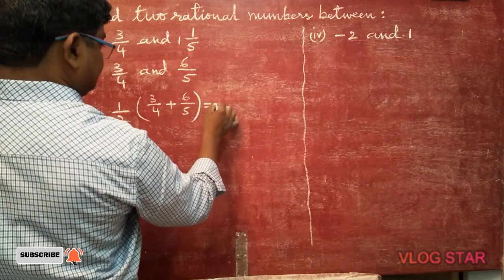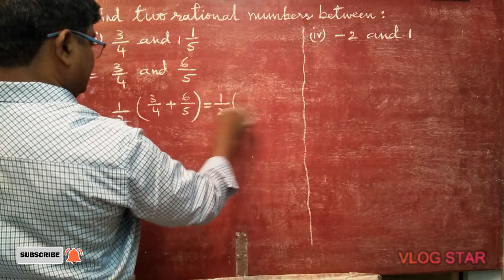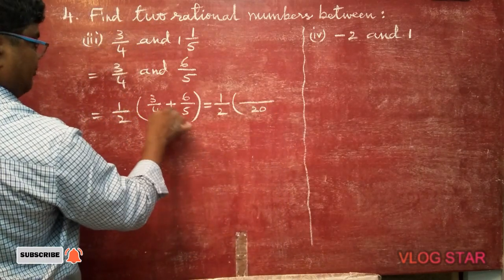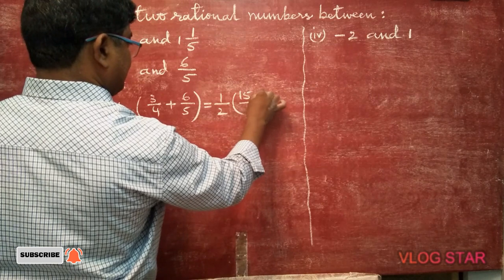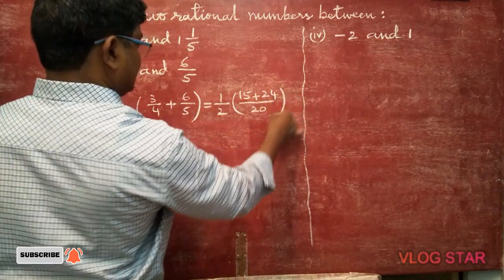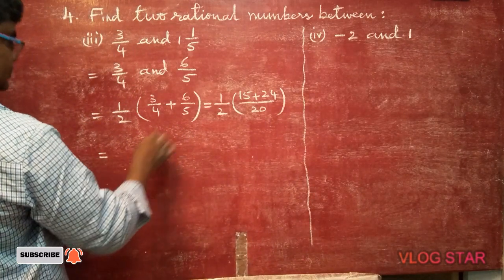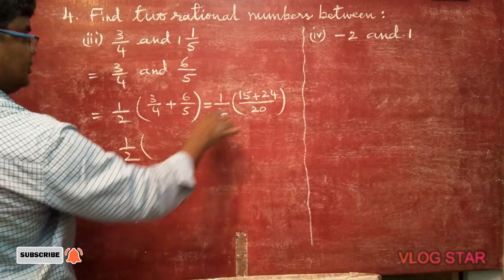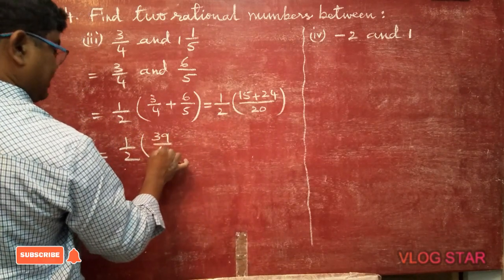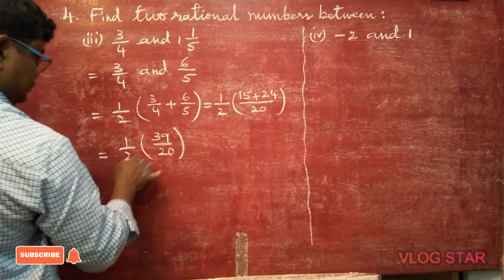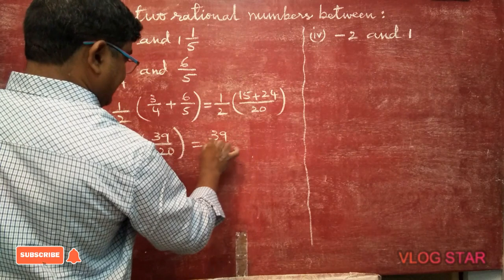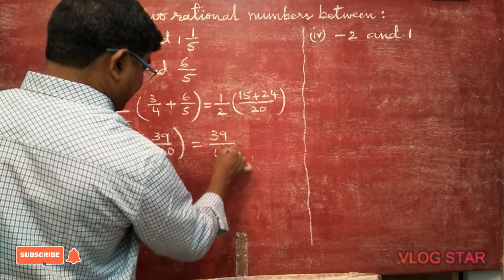That is half of, 4 fives are 20. There is no common table. 20 is the LCM. 5 threes are 15 plus 4 sixes are 24. Now that is equal to 1 by 2 into 15 plus 24, 39. 39 by 20. There is no common table to cancel. 1 thirty-nine is 39 and 2 twenties are 40.